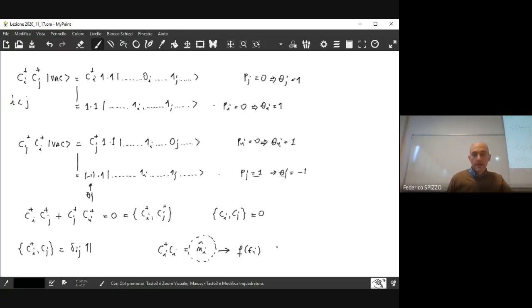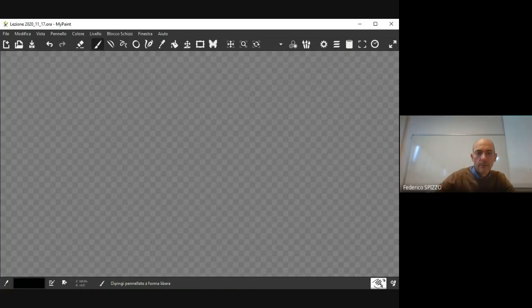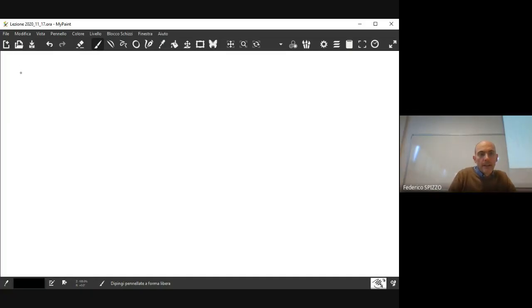And just a final comment, then I make the break. For the moment, I have called the creation operator C cross and the destruction operator C. This is a formalism that resembles the fact that the cross is generally used when you consider the adjoint of an operator.